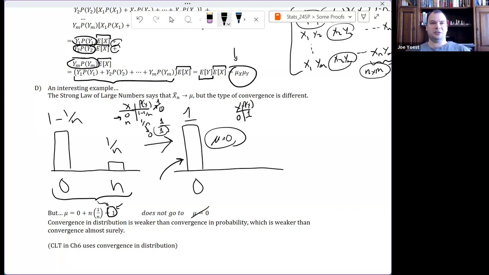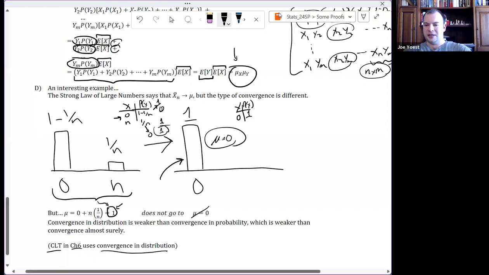Convergence in the mean is stronger than convergence in distribution. The central limit theorem in chapter 6 uses convergence in distribution, so it's a fairly weak type of convergence, and there are some strange paradoxes that go along with that.